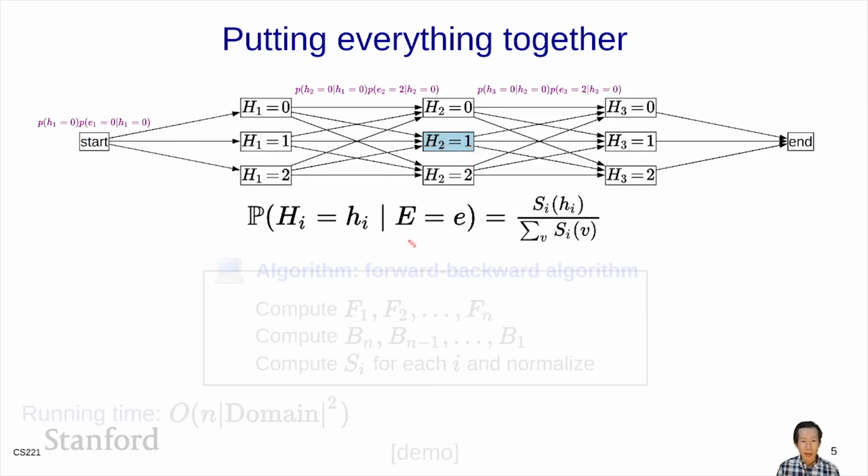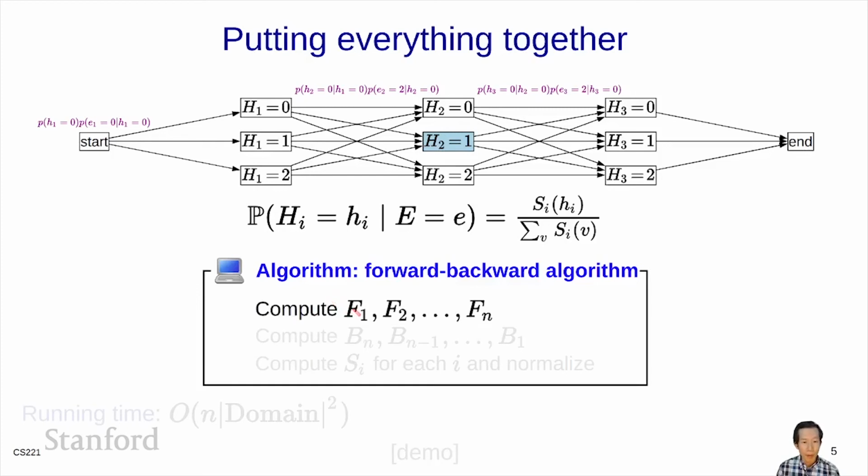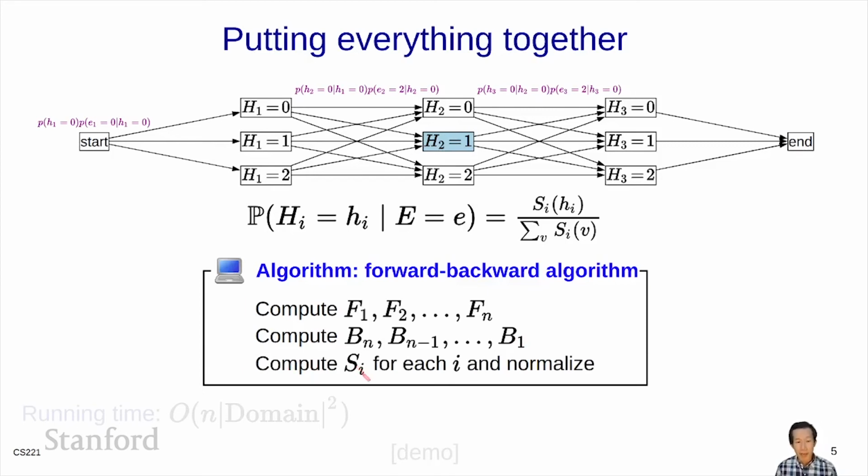Now, putting things together, the forward-backward algorithm is going to simply compute all the forward messages proceeding from 1 to 2 to 3 all the way up to n, where f_i depends on f_{i-1}, so I'm going forward. And then it's going to compute all the backward messages going from n down to 1 because b_i depends on b_{i+1}. Now I'm going to multiply the f_i and the b_i together to compute S_i and normalize, and that gives me the answer to the smoothing question.